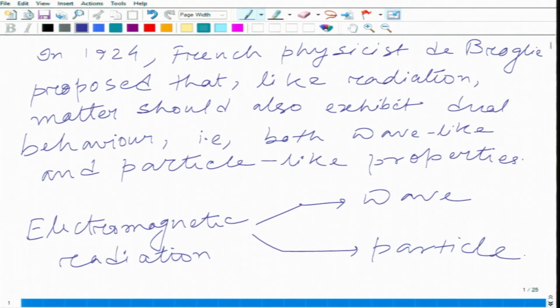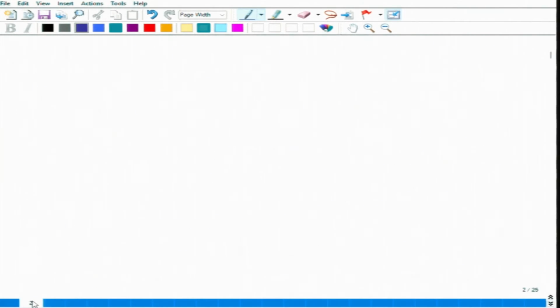We called this as wave particle duality of light. Now we will study about duality of matter.